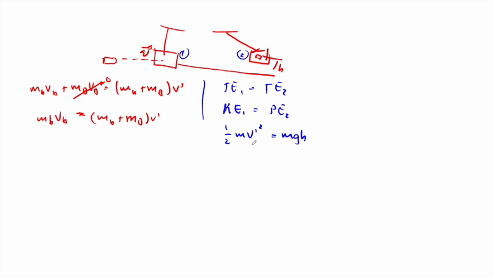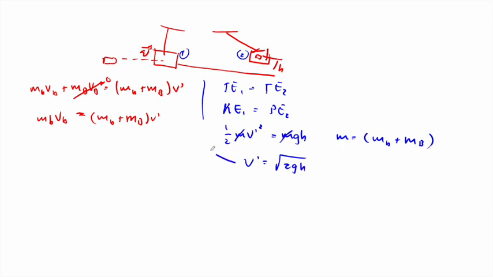Now keep in mind that this mass is the total mass, bullet plus block. But it doesn't really matter because right here it cancels. So here I can see that v prime, the velocity after the collision, is going to be equal to the square root of 2gh.